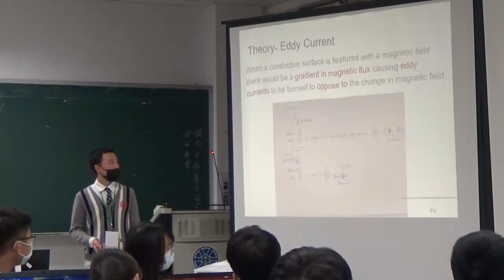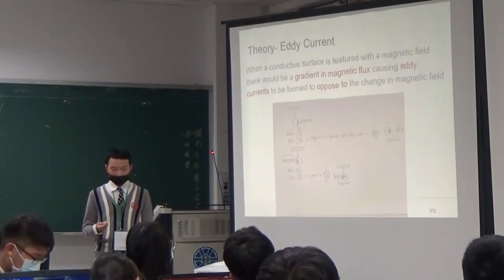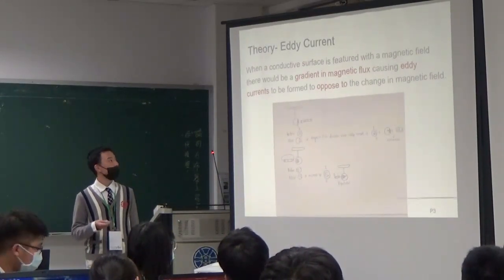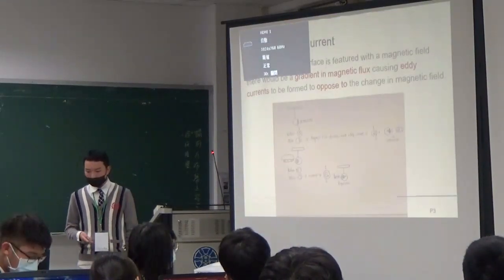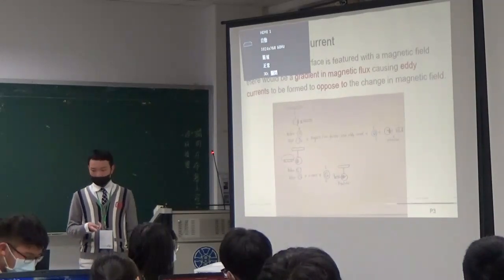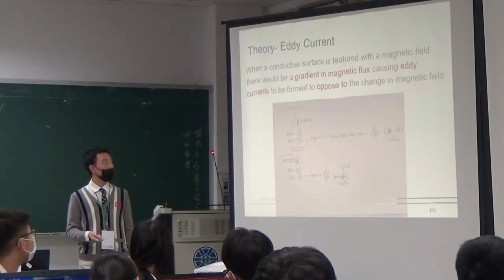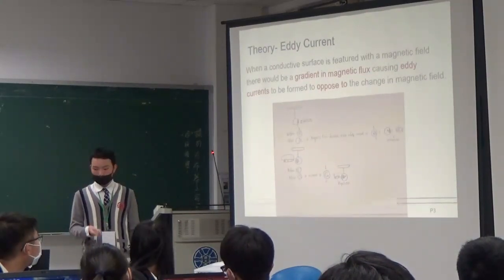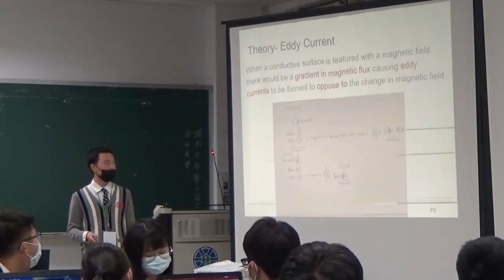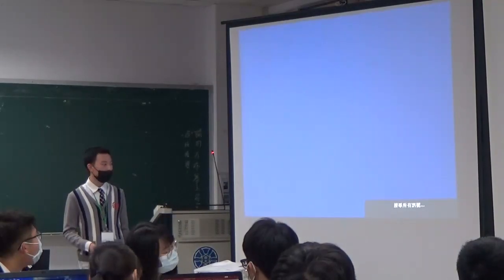Our theory is mostly about eddy current. Eddy current occurs when there is a conductive surface featured with a magnetic field, and the gradient in the magnetic flux causes eddy current to form. The eddy current opposes the change in the magnetic field from the environment.